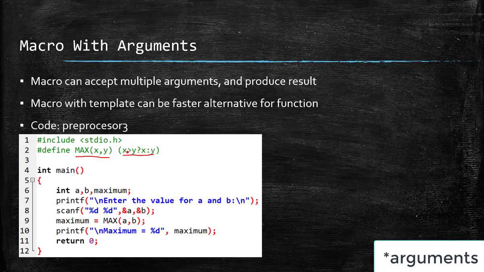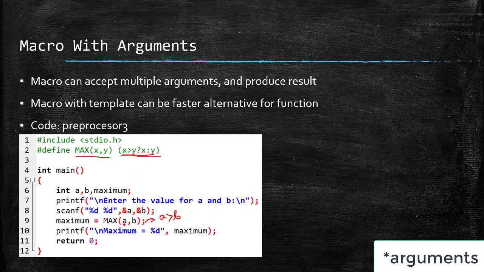Now we are taking two inputs from the user, a and b, using the address of a and address of b. Then we are using maximum equals to this macro template. Here it will be expanded as a greater than b. Remember, this total thing will replace this template, and in that one the arguments x and y will be replaced by the actual arguments a and b.